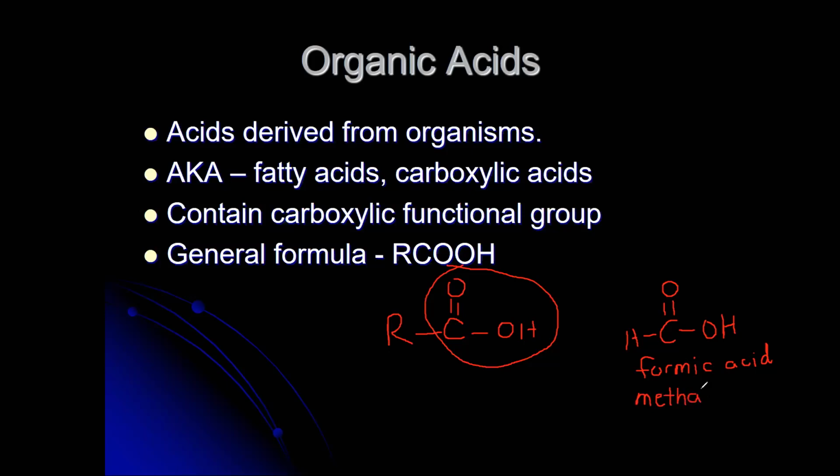We've got one carbon, so that's methane, and all of your carboxylic acids take an -oic ending: methane, remove the E and put -oic, and then acid. Everything in this group will be called something -oic acid. Methanoic acid, ethanoic acid. Ethanoic acid, by the way, is acetic acid.